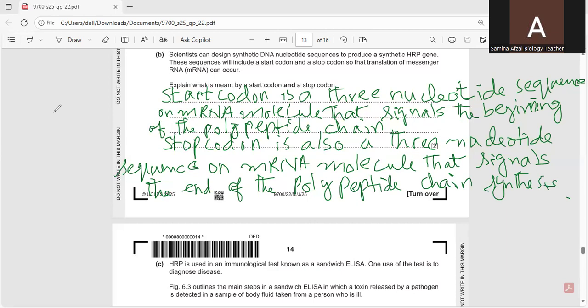So it dictates the point where the ribosome complex should stop translation and release the finished polypeptide chain.